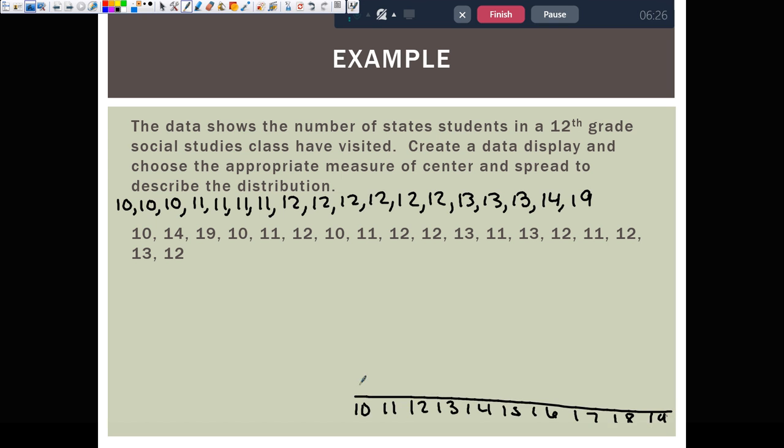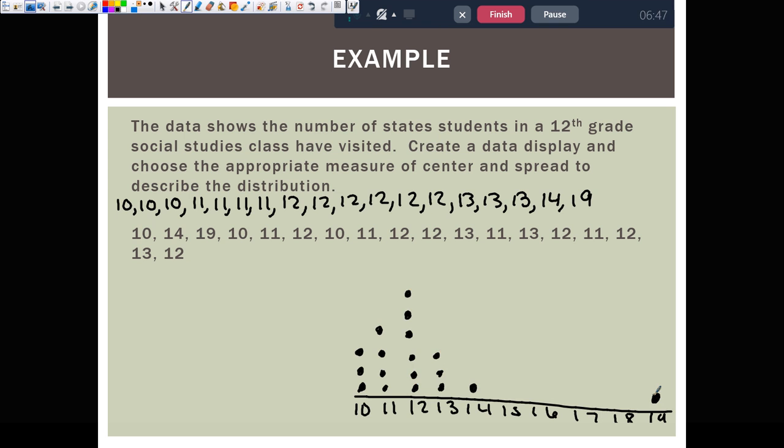Okay, I have three 10s, four 11s, six 12s, three 13s, one 14, and one 19.